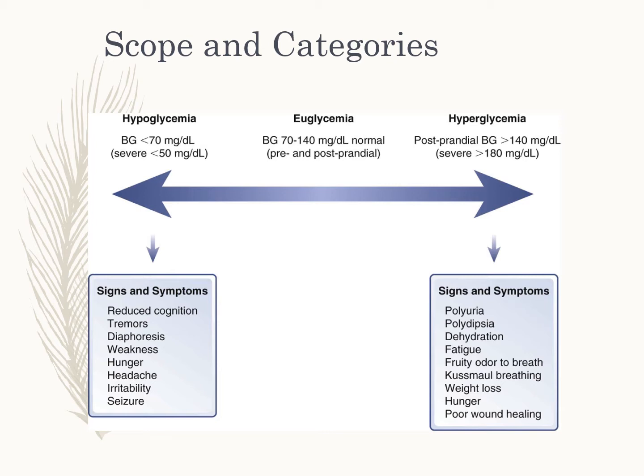Some signs and symptoms of hypoglycemia are reduced cognition, tremors, diaphoresis, weakness, hunger, headache, irritability, and seizure. Some of the symptoms for hyperglycemia are polyuria, polydipsia, dehydration, fatigue, fruity odor to breath, Kussmaul breathing, weight loss, hunger, and poor wound healing.